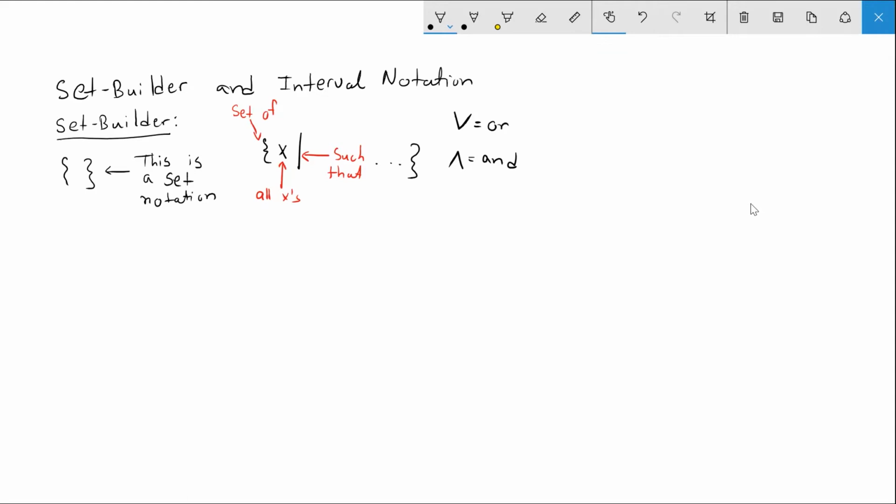Alright, now let's look at interval notation. For interval notation, when we have open parentheses like this, it is represented as not included.